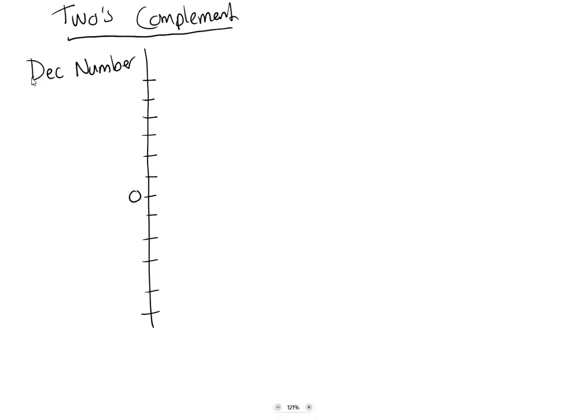And the decimal number will be 0. And then on this side of the number line, we'll have the binary number. It's useful to think of things in this way, because if you think of it as a number line, then you have a natural representation, right? I can't get this line straight. Let me just try again.